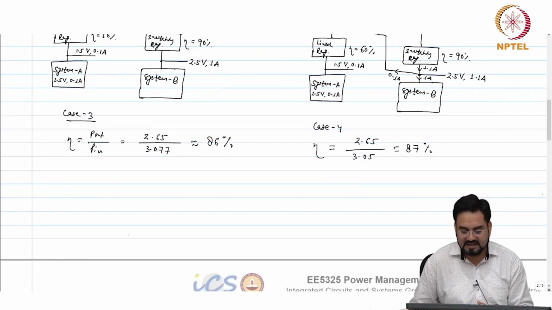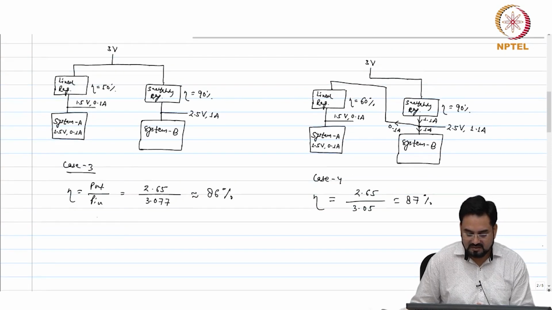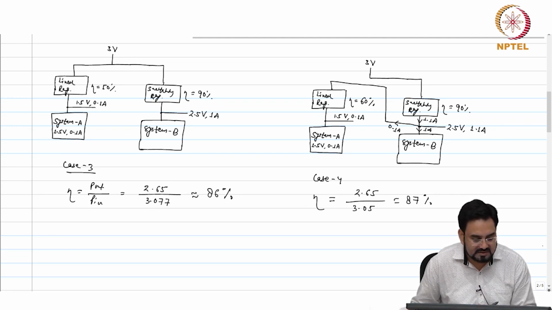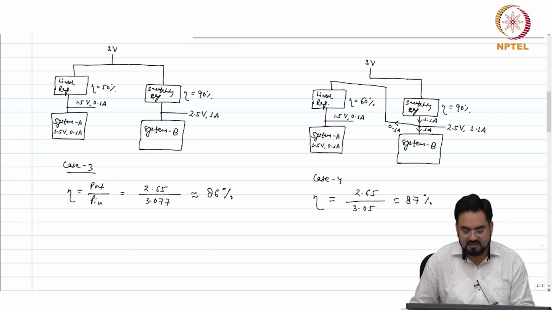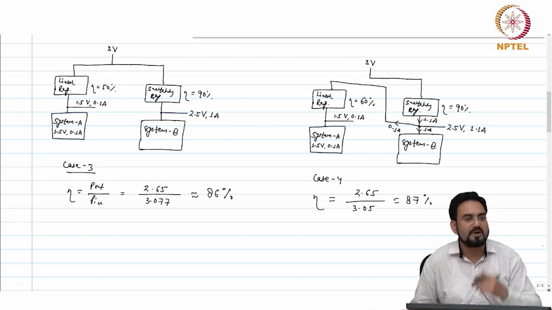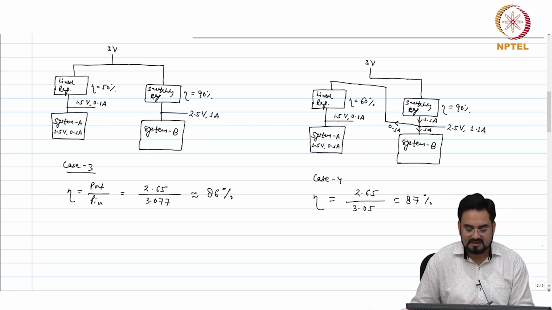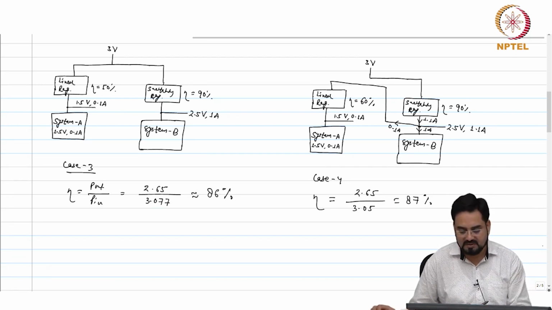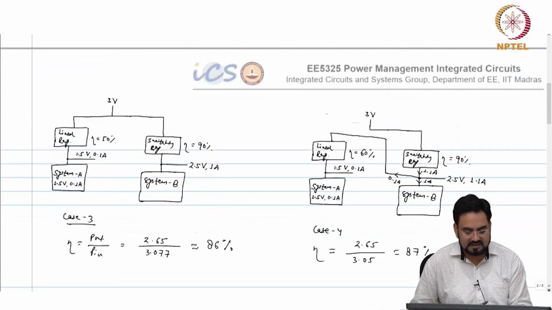Similarly, you can consider a case where the voltage might be different. So let us say instead of 1.5 volt, the output required is closer to 3 volt, let us say 2.8 volt here. Then we can straightforwardly drive from 3 volt directly, and because my dropout will be only 200 millivolt, we may not bother much about that.